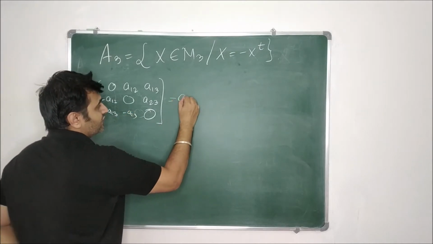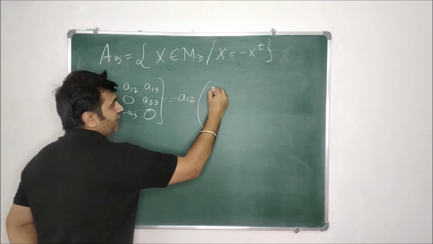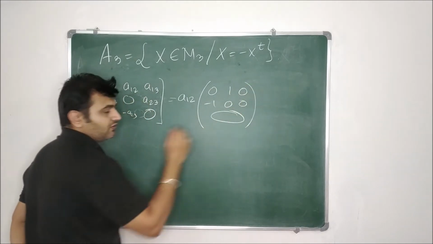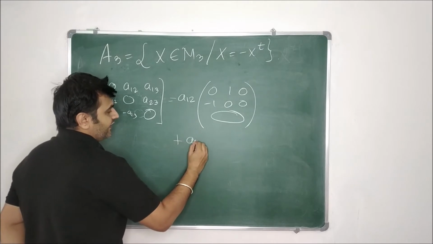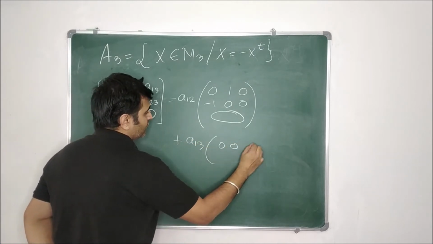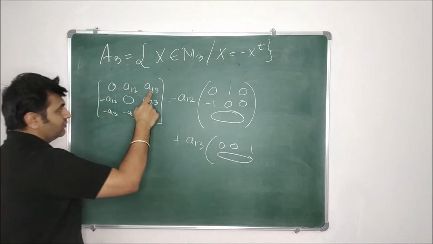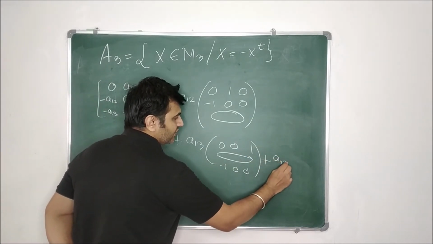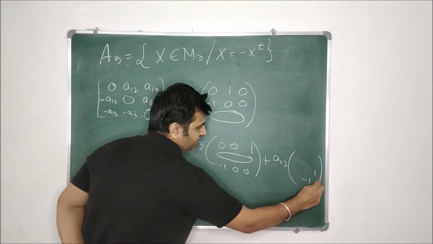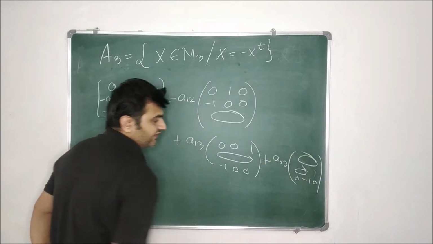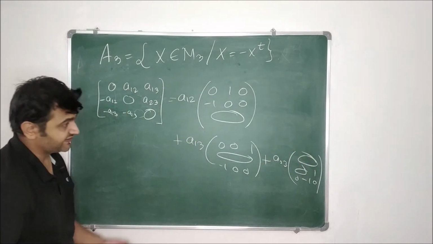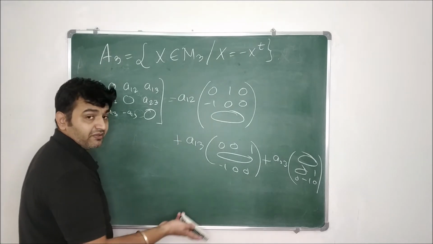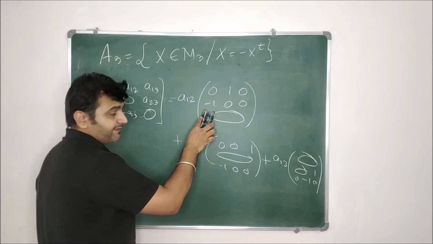Now this is A12 into the matrix 0, 1, 0, minus 1, 0, 0, 0, 0, 0, plus A13 into the matrix with 1 in the first row third column, minus 1 in the third row first column, and zeros elsewhere, plus A23 into the matrix with 1 and minus 1 in the appropriate places, rest everywhere 0. But as I told you last time also, if you don't use elementary matrices, you need to write such big things, so we replace this by elementary matrices.